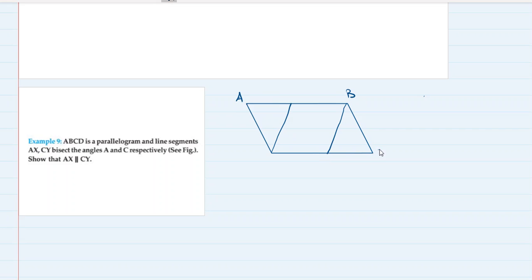A, B, C, D is a parallelogram, and line segments AX and CY. Okay, I have to name it a little bit different. So the parallelogram becomes A, B, C, D, and the line segments AX and CY bisect the angles A and C. So this angle is equal to this angle, and this angle is equal to this angle. Show that AX is parallel to CY.